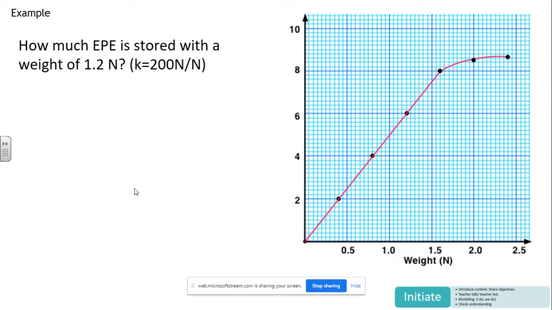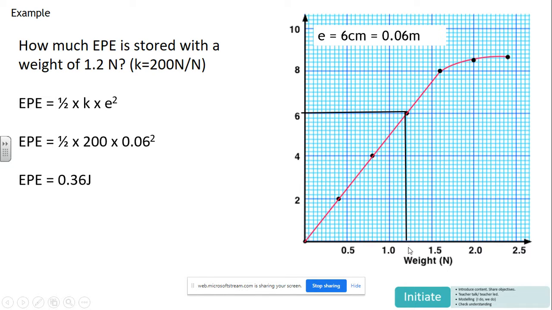So how much elastic energy is stored in this spring? We know its spring constant. It tells us on the screen that it's 200 newtons, and that should say per meter. That's a typo there, apologies for that. We can choose some values. I know that when the weight is 1.2 newtons, the extension is 6 centimeters, and then we just plug the numbers in.